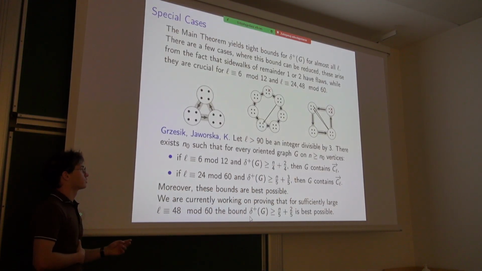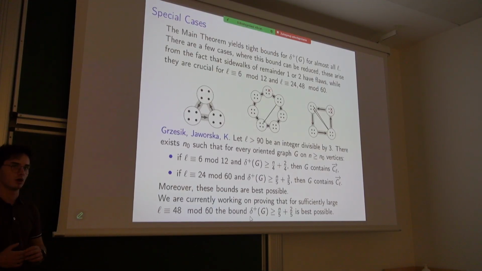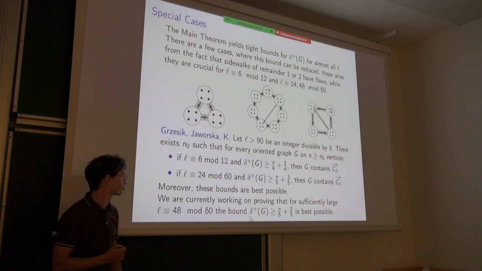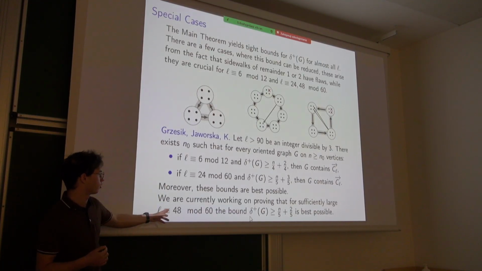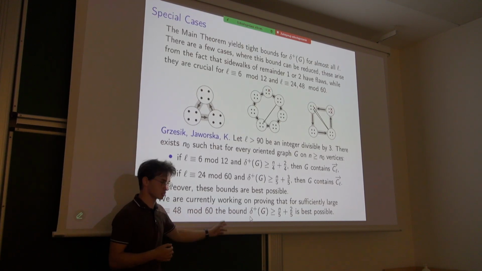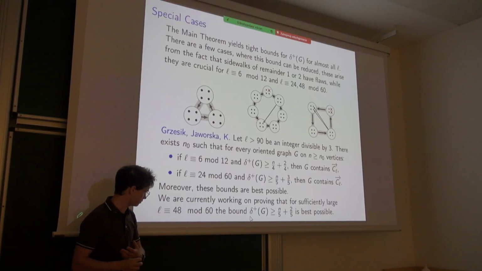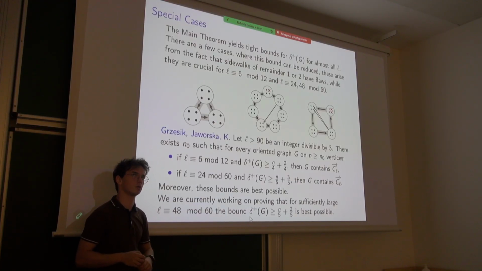We had shown also that these bounds are the best possible using very technical reasoning. And currently we're working with Andrzej on proving it for L equivalent to 48 modulo 60, so k is 5, and the remainder of L is 3.